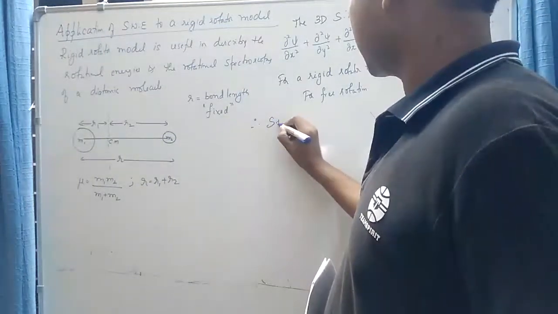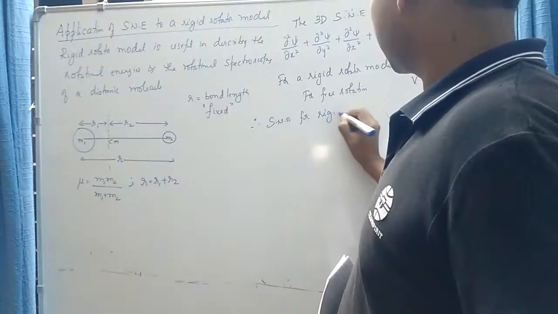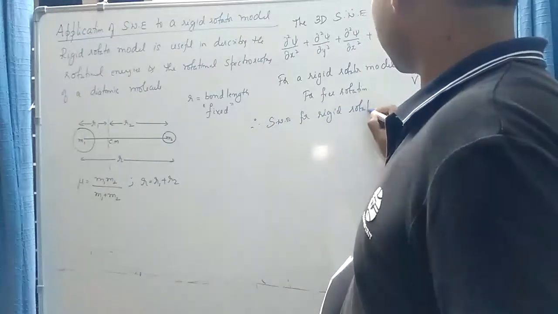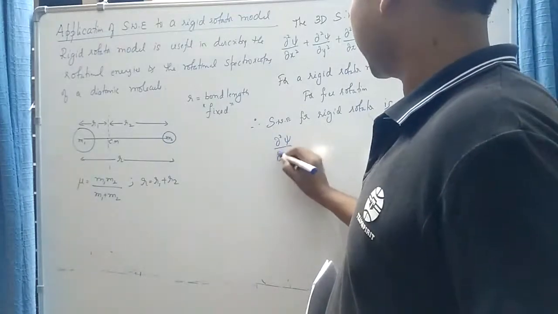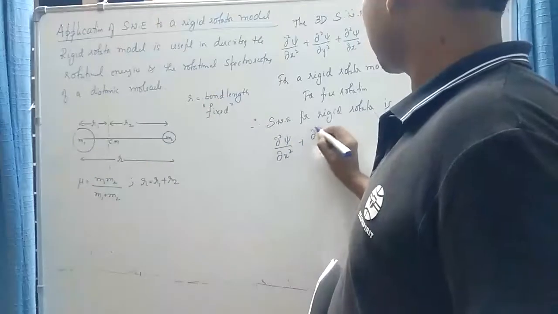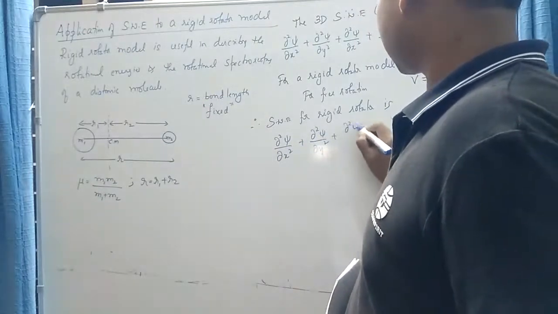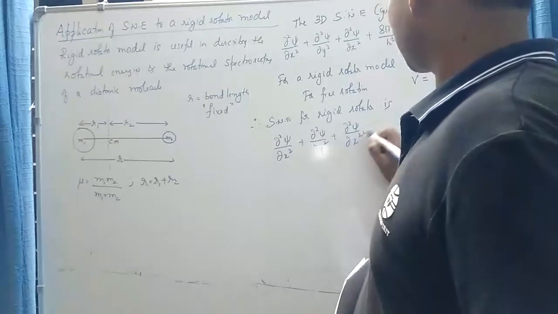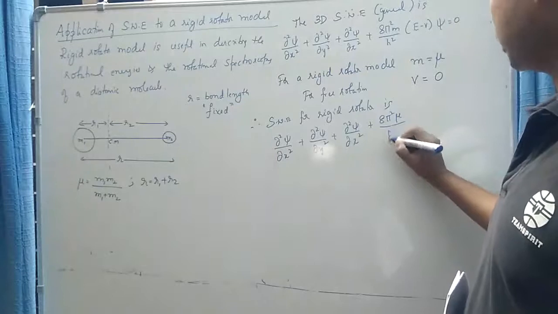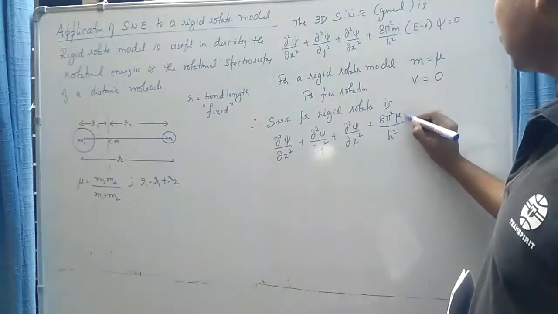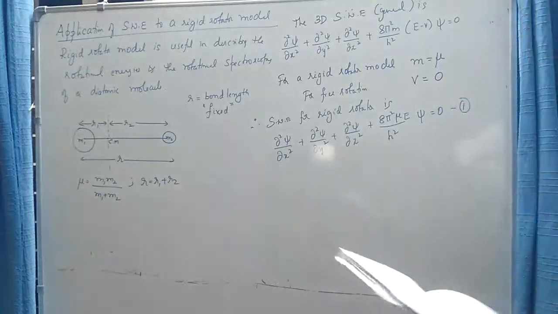Therefore the Schrodinger wave equation for the rigid rotator is dou square psi by dou x square plus dou square psi by dou y square plus dou square psi by dou z square plus 8 pi square mu divided by h square into E minus 0, so into E into psi is equal to 0.